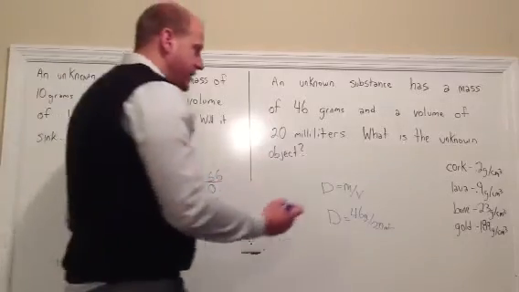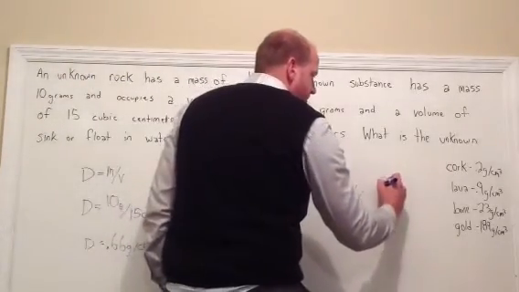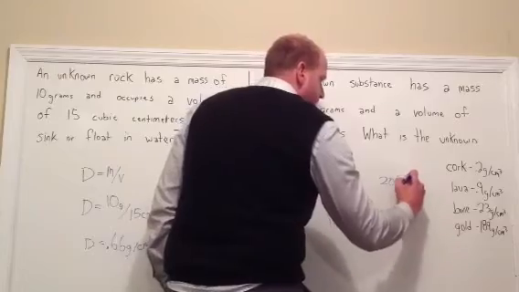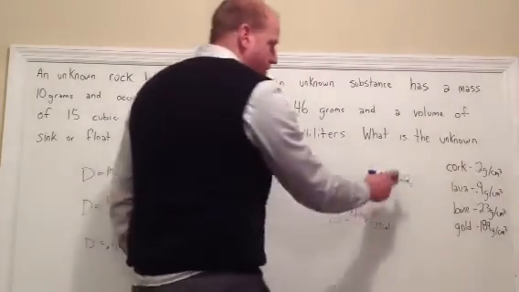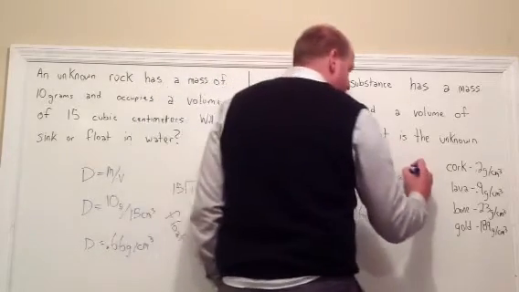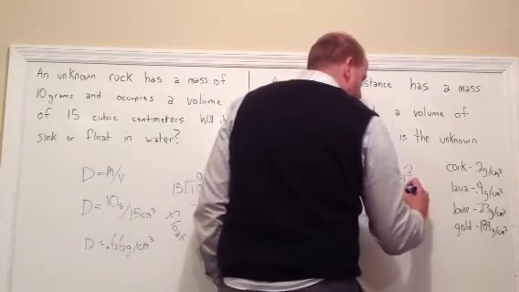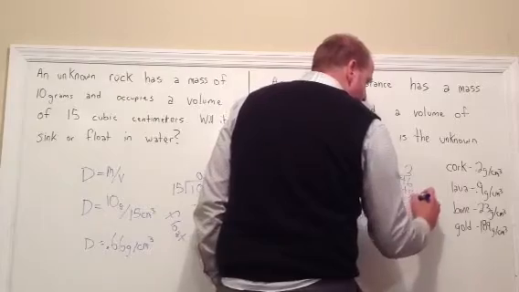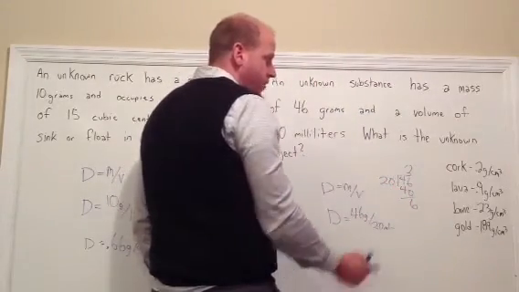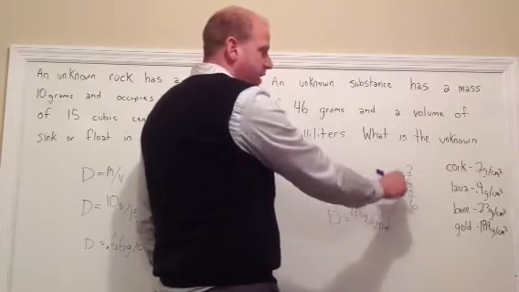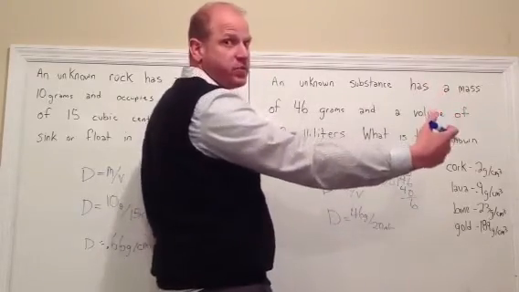Well, once again, the bottom number goes on the outside, the top number goes on the inside, and I just have to put 20 into 46. Well, 20 goes into 46 twice, and that gives me 40, which leaves me 6 left over, because 46 minus 40 gives me 6. Well, I can't leave any remainders out here unless I've already gone my 2 decimal points out.